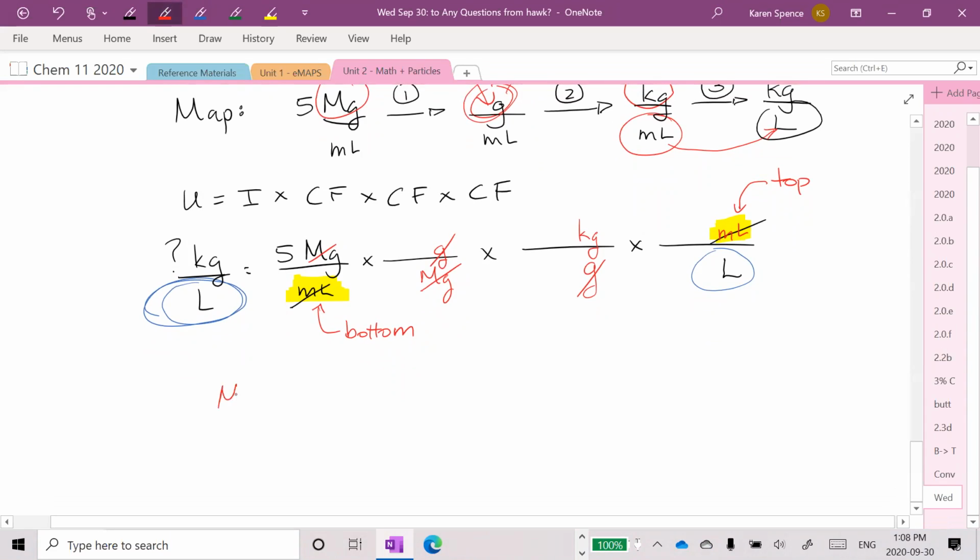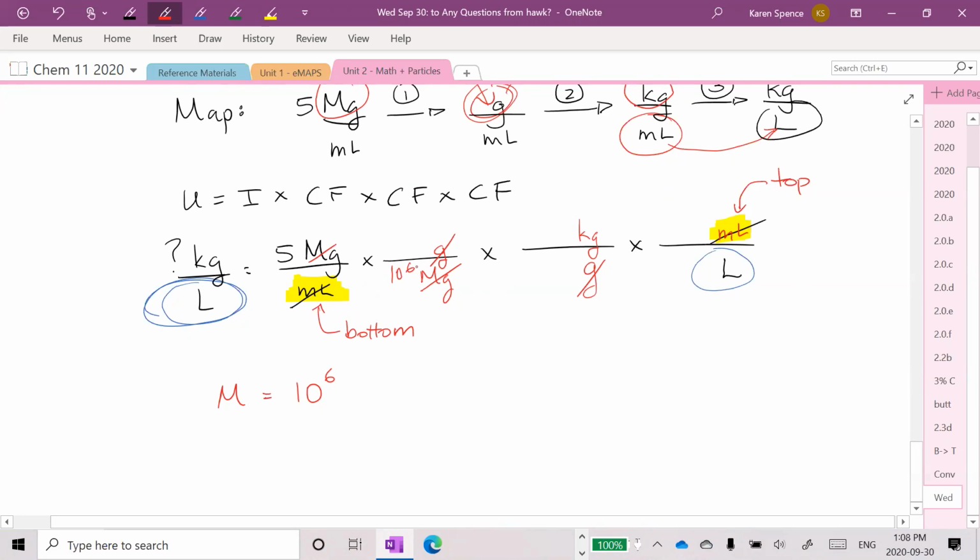Mega. Mega is 10 to the, tell yourself, what is it? Mega is 10 to the 6. So 10 to the 6, do I put 10 to the 6 here?